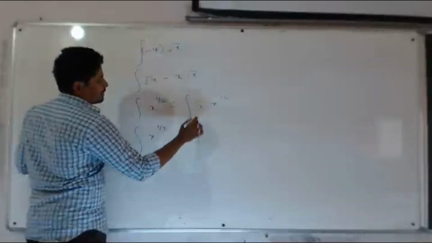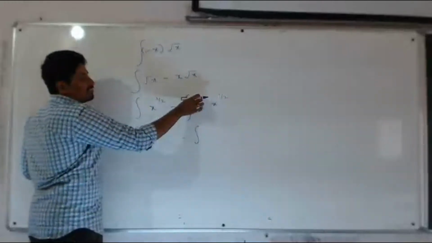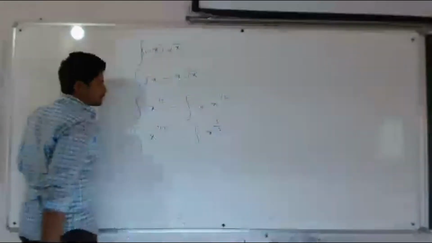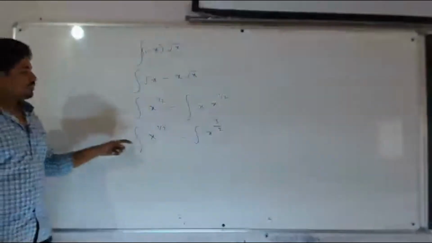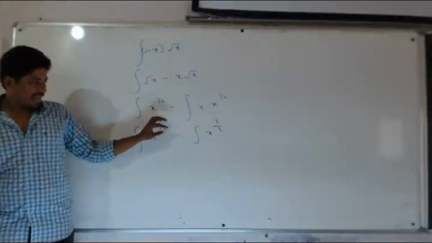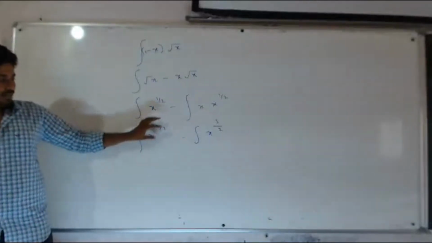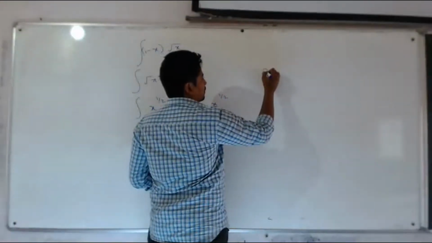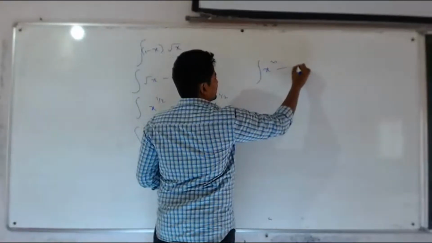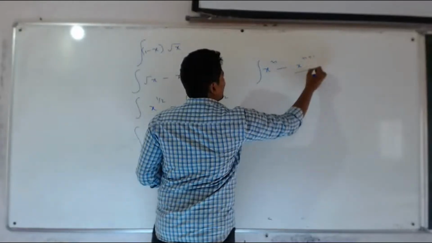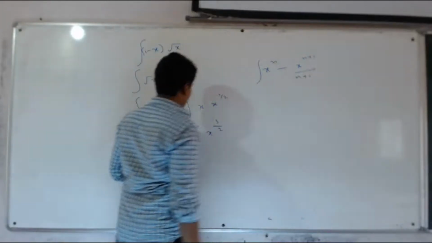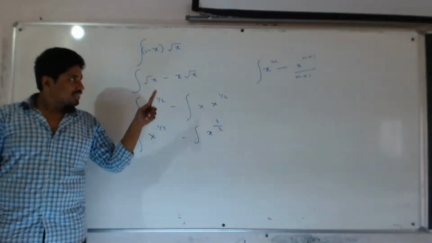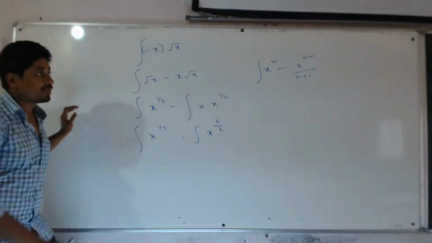Minus, if it is there, it will be 1 plus 1 by 2 is 3 by 2. What is the formula for it, of which form here? It is x power n, in the place of x it is x, in the place of n it is 1 by 2. Integral x power n is x power n plus 1 by n plus 1. Integral x power 1 by 2, in the place of n here it is 1 by 2.